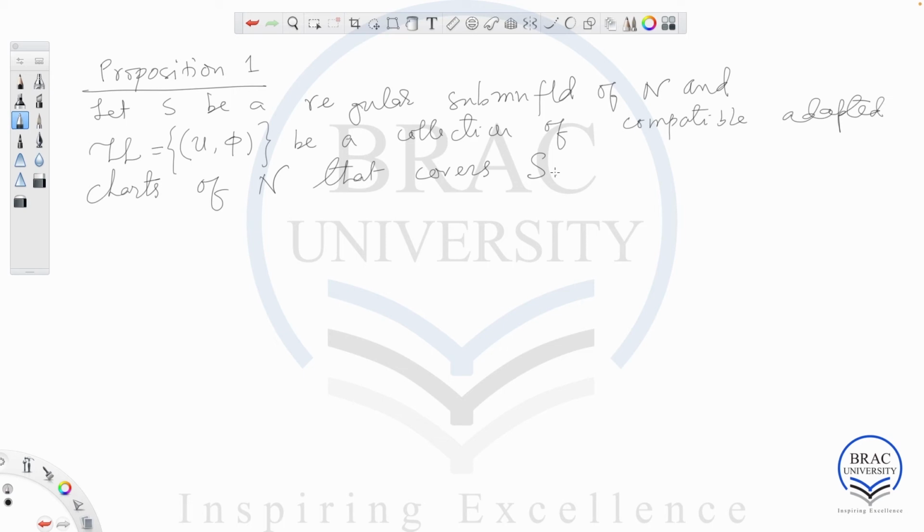So the proposition tells us that the pairs that we can form out of this collection, U intersected with S, comma, phi sub S, where we already defined phi sub S as the restriction of this homeomorphism phi to the subset U intersected with S, this collection is an atlas for the regular submanifold S, so that it has a differentiable structure.